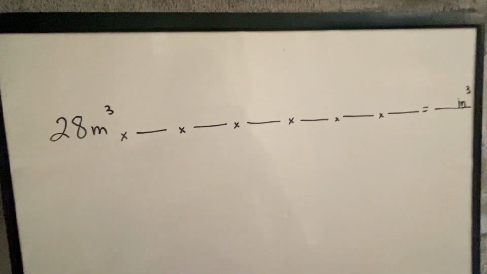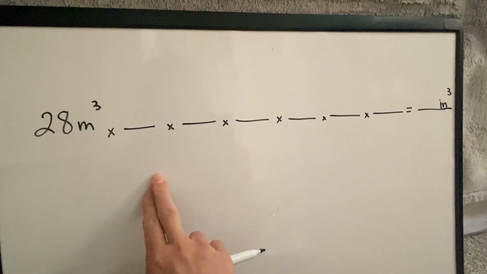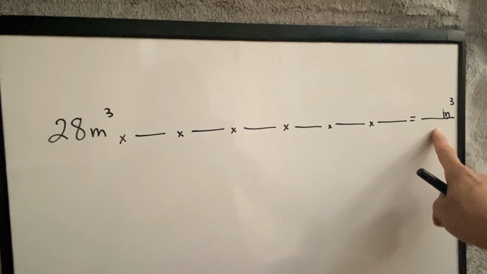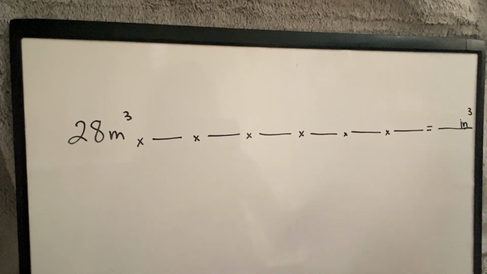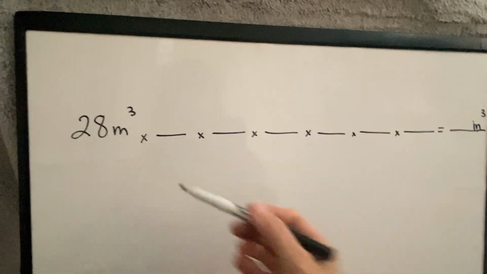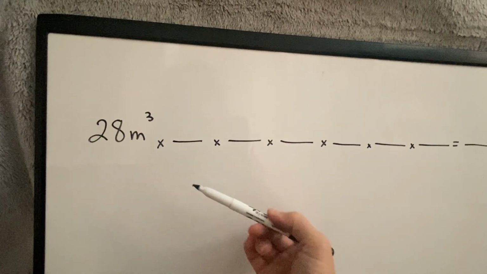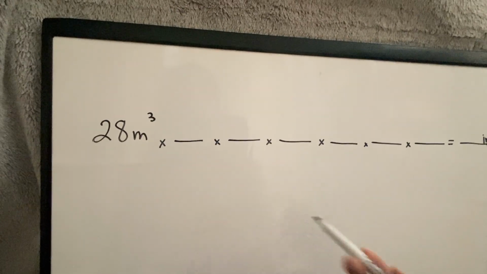So the first thing that we need to do is we need to figure out, okay, what can I change meters into that I know converts into inches? So for example, I told you I know how many centimeters are in an inch. So I know that I can change these meters into centimeters and then change those centimeters into inches. I know how to do that.